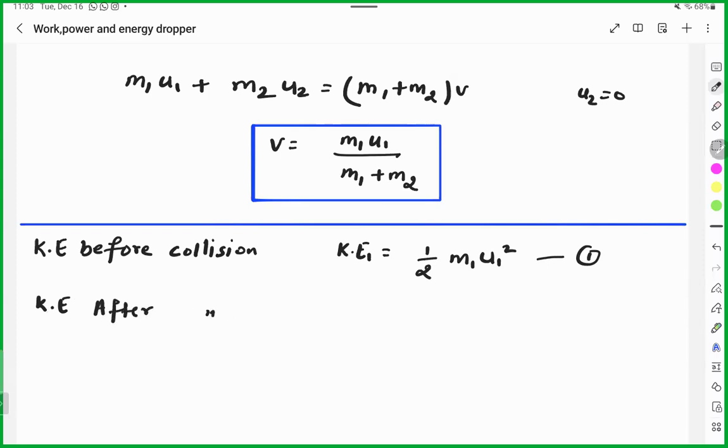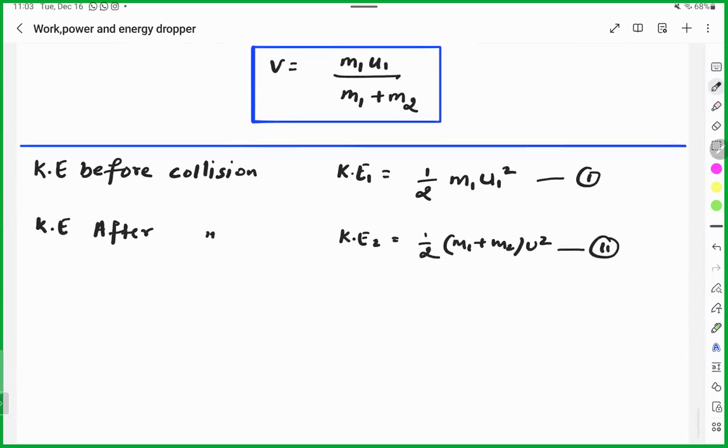After collision there is a common velocity v. So we can say the kinetic energy will be half, total mass is m1 plus m2, and total velocity is v square, correct? Make sense?